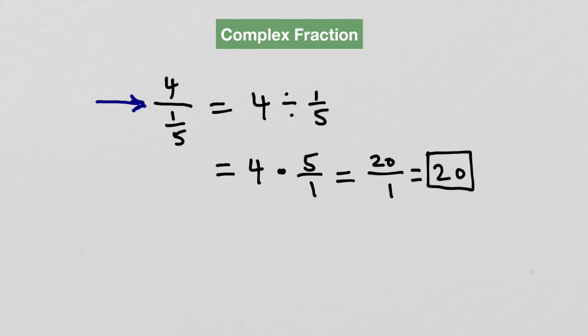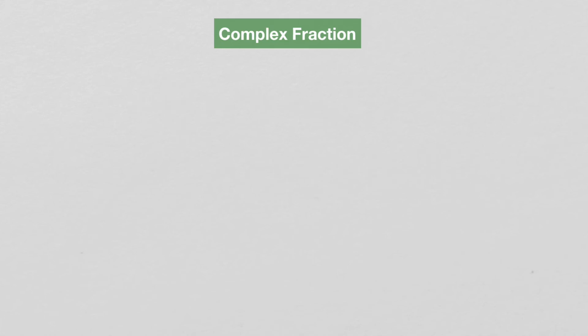Okay, one more example, and that should do it. Let's say we have 2/3 over 7. Okay, again, here is the divisor, and this becomes 2/3 divided by 7.